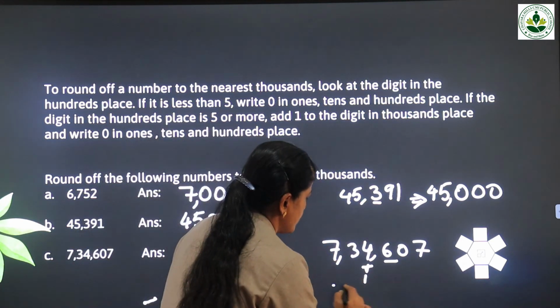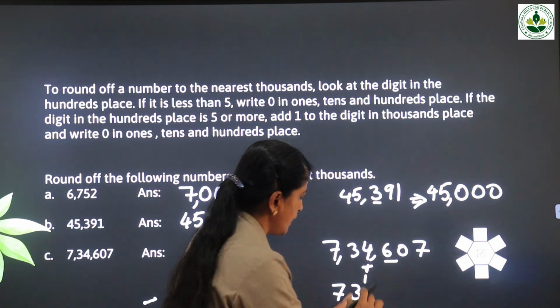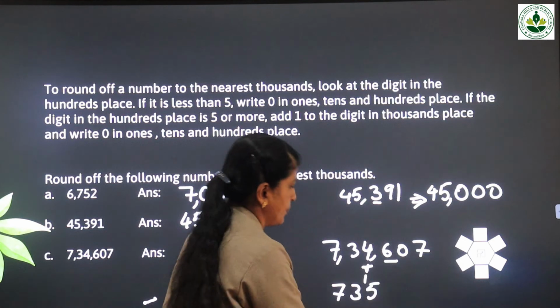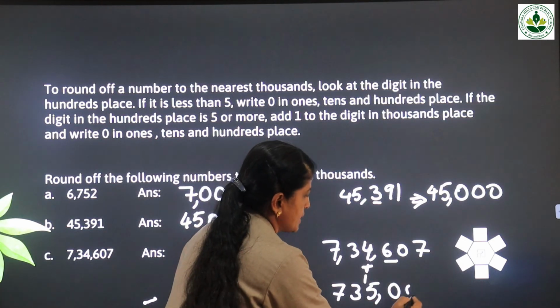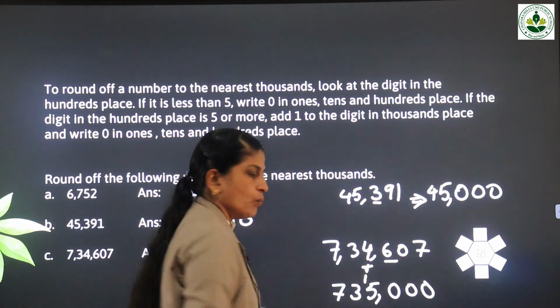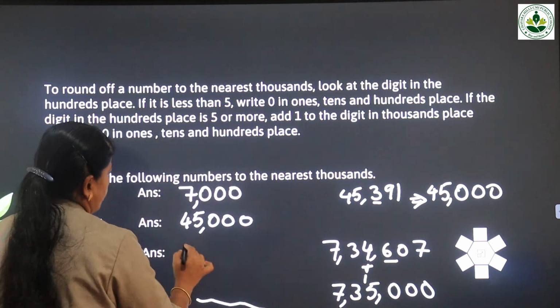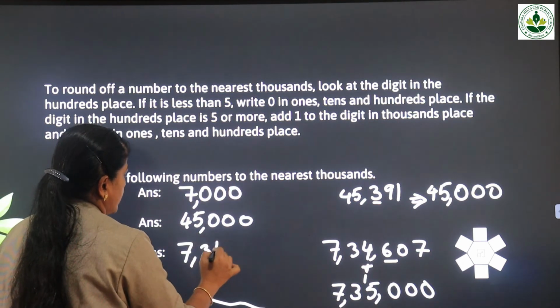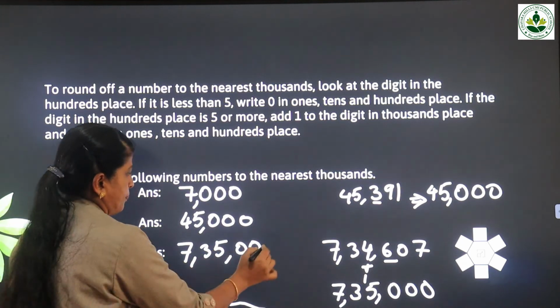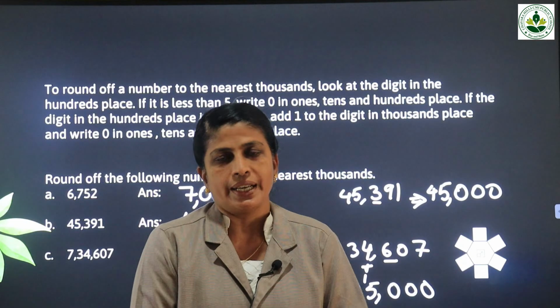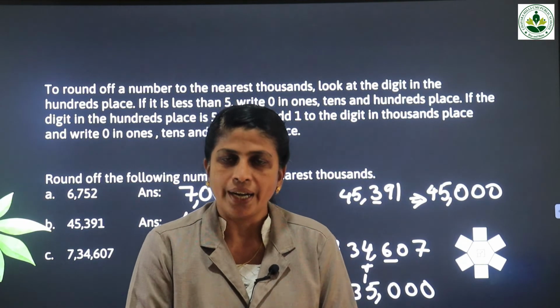So the answer is 7, 3, and the thousands place digit will become 5, since 4 plus 1 is 5. And write zeros in the hundreds place, tens place and ones place. So the answer is 7,35,000.